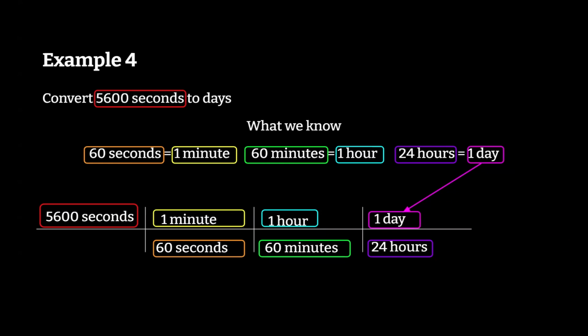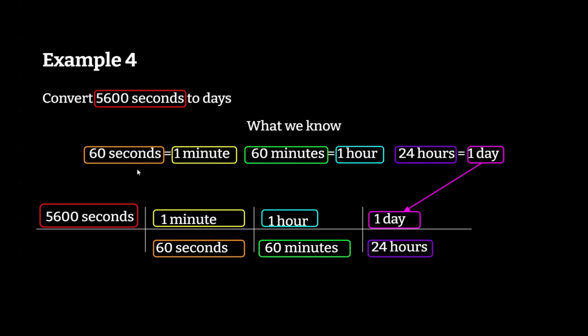So we get our 5,600 times 1 times 1 times 1 divided by 60 divided by 60 divided by 24. Whenever we have multiple layouts, such as this, we are going to multiply everything on top first, multiply everything on the bottom, and then we will divide.